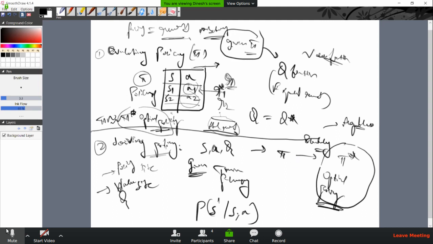That policy will be your optimal policy. That means for every state action pair you are getting the maximum reward, the optimal value. This is the difference between deriving a policy and evaluating a policy.